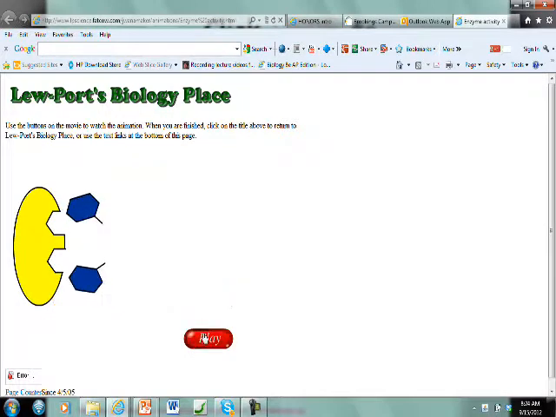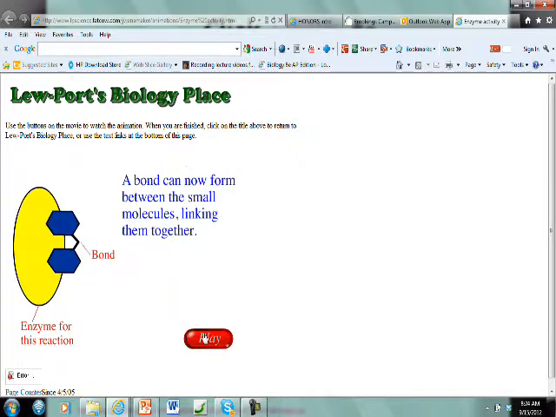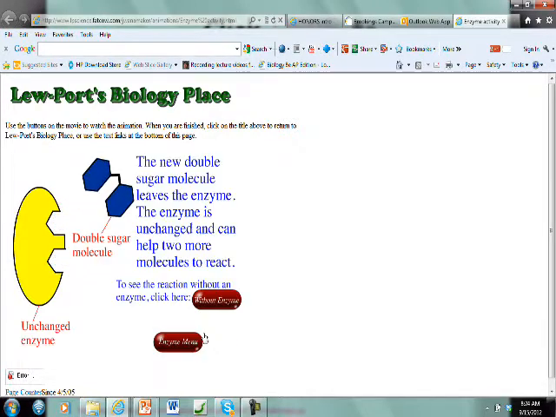So if I have an enzyme to help, it lines up the molecules, they're facing the right way, they're close enough together to pull out the water molecule and make a bond. So enzymes help the molecules get in position, and so it speeds up the reaction. It goes faster if you have an enzyme, right? Can make the bond and do the reaction.